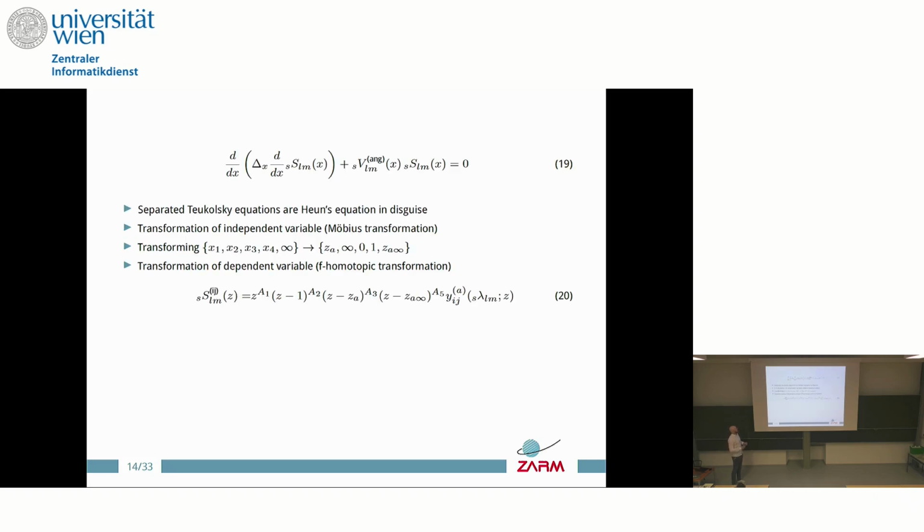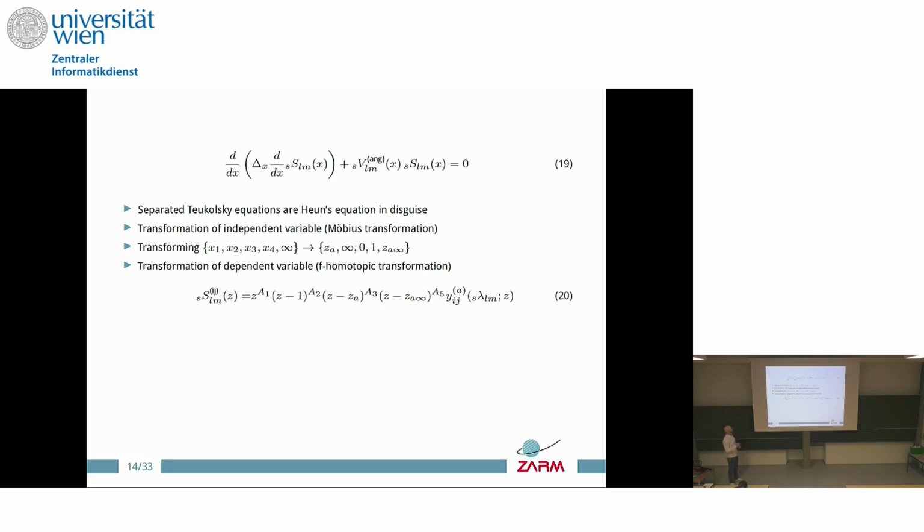This is done by taking our original separated Teukolsky equations, in this case the polar Teukolsky equation, and transforming this differential equation to the Heun form. This is done in two steps. We first transform the independent variable in such a way that our regular singularities now lie on 0, 1, A, and infinity.